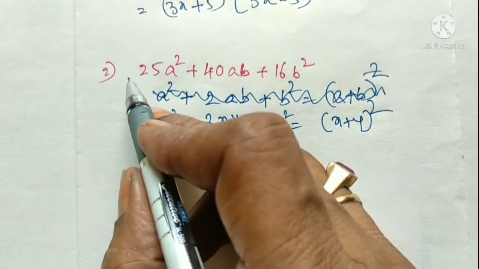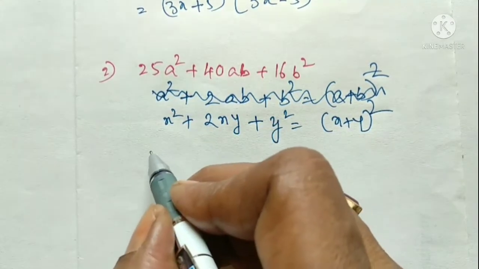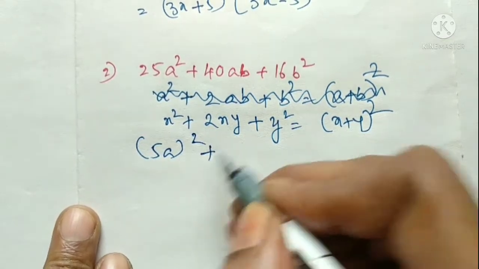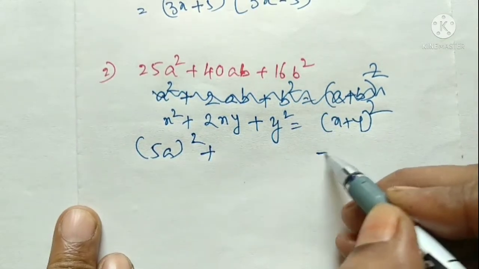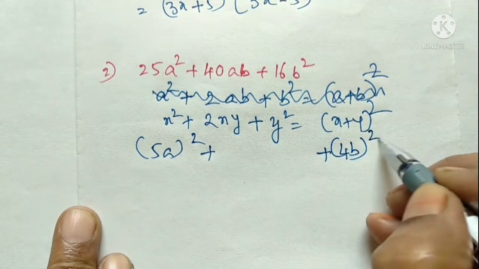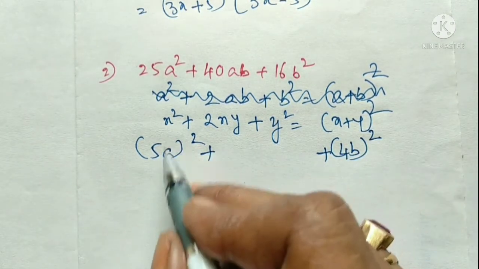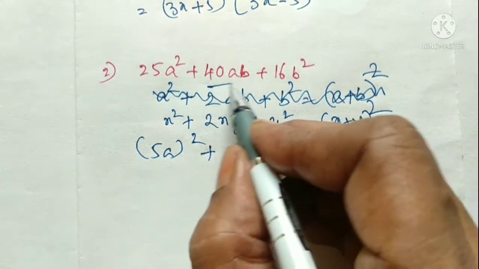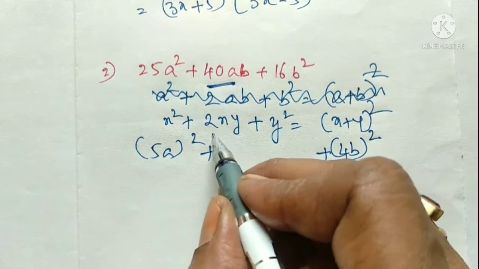So this given algebraic expression I am writing here as (5a) whole square plus, this 16b square I am writing as (4b) whole square. So this is x square and this is y square. So the middle term 40ab can be written in the form of 2xy.